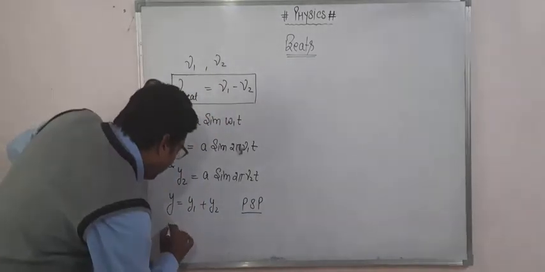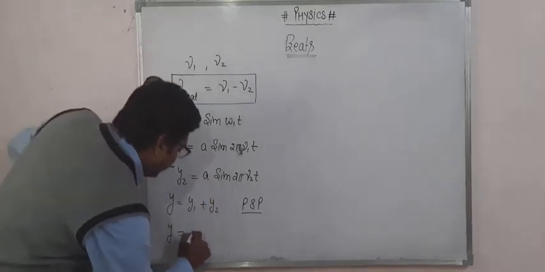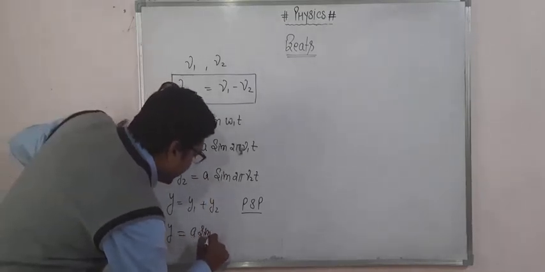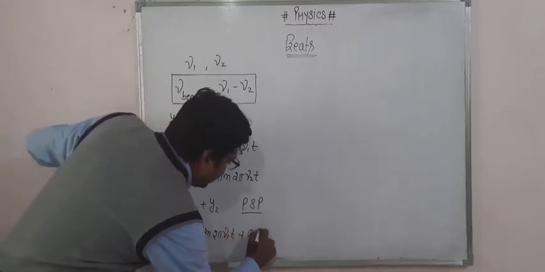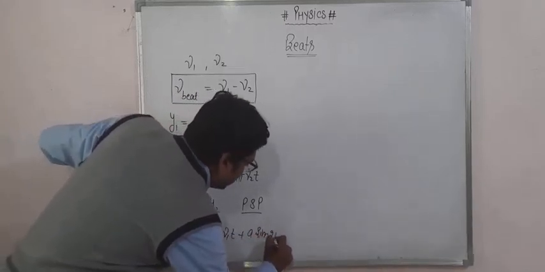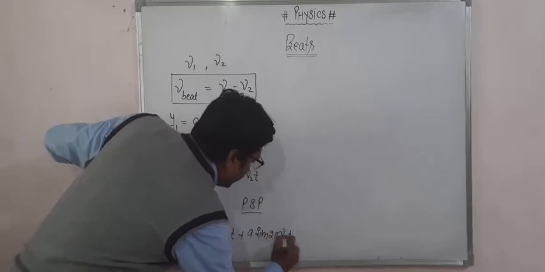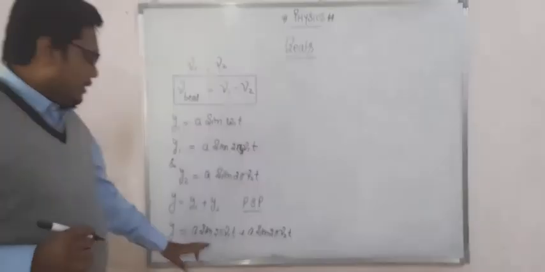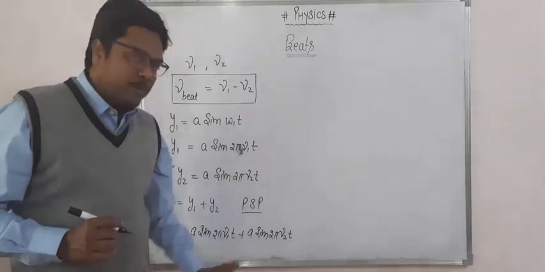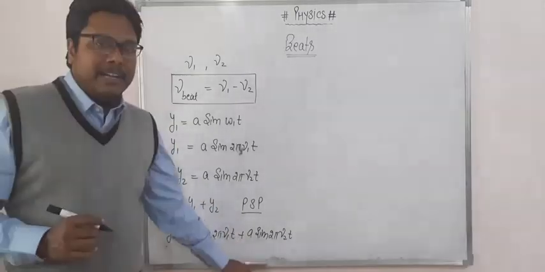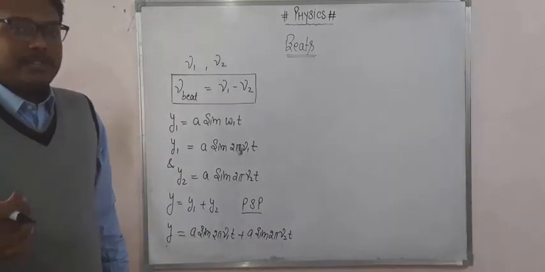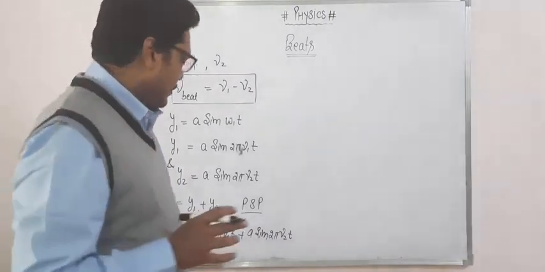So y equals a sine 2 pi nu1 t plus a sine 2 pi nu2 t. Clear? A is common, so sine c plus sine d equals 2 sin of c plus d upon 2 times cos of c minus d upon 2.